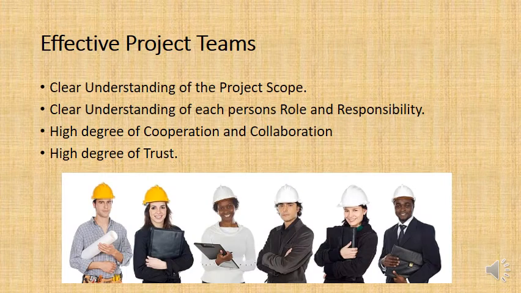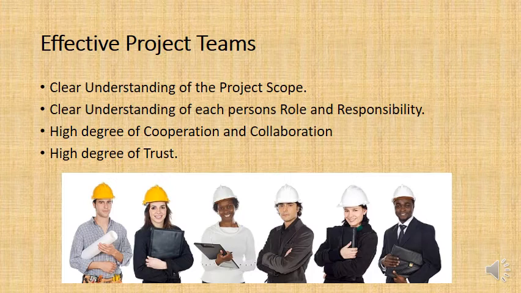So in an effective project team, the team members will have a very good understanding of the project scope, the quality, cost and time constraints, what the project's trying to achieve. They need that in order to understand how their work packages fit in with the overall project.